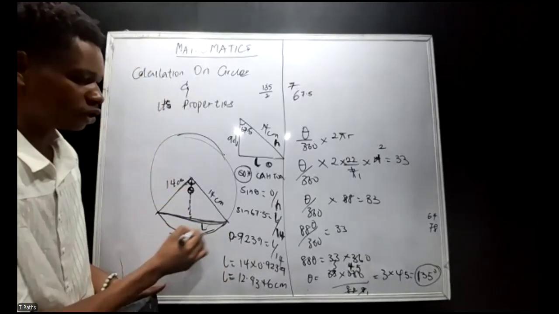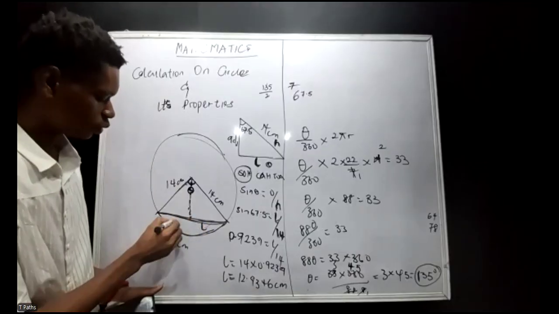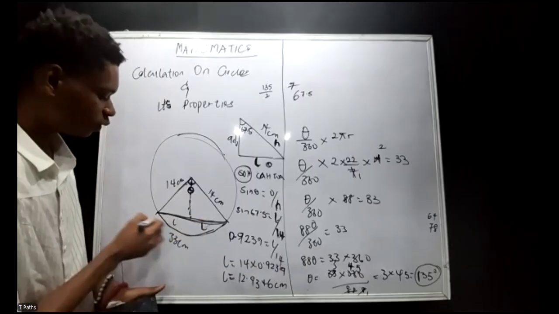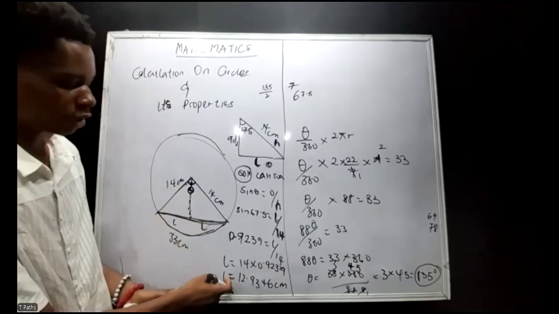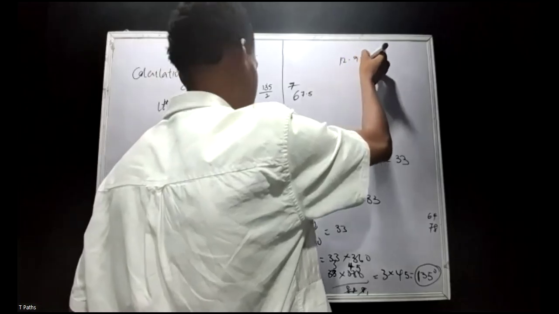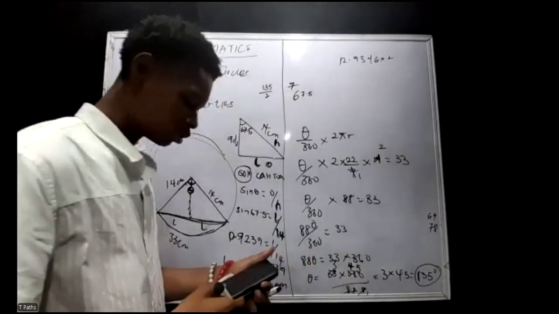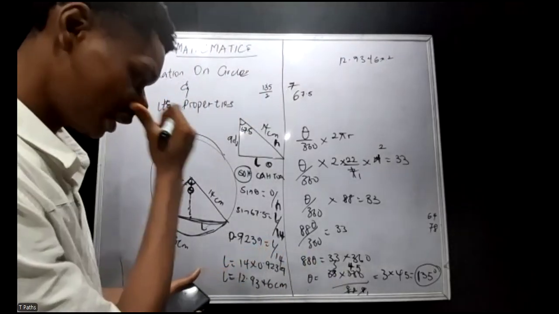We have to find the length of the chord. And I said the length of the chord is 2 times L. So if this place is L, this place is L, it means the length of this chord is L plus L. So to get the length of the chord, I'm going to say 12.9346 times 2. So that will be the length of the chord extended by this particular sector.